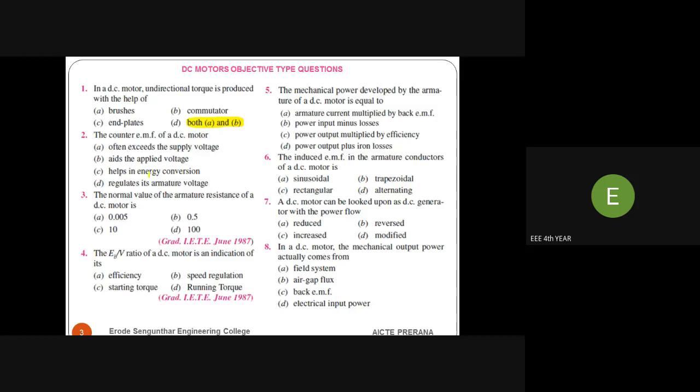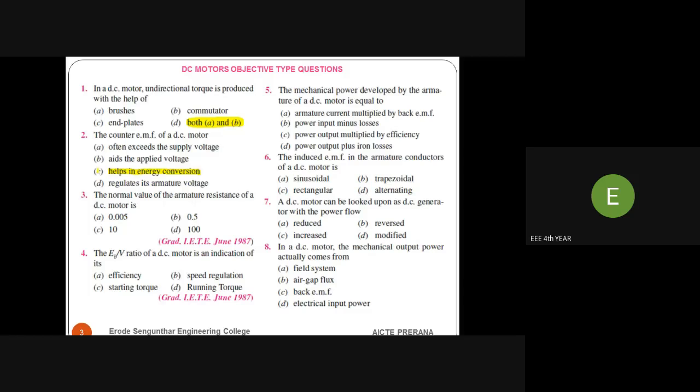The back EMF is part of the energy conversion process. So the fourth option is not correct. The exact correct answer is it helps in energy conversion. This is the correct answer for question number 2.